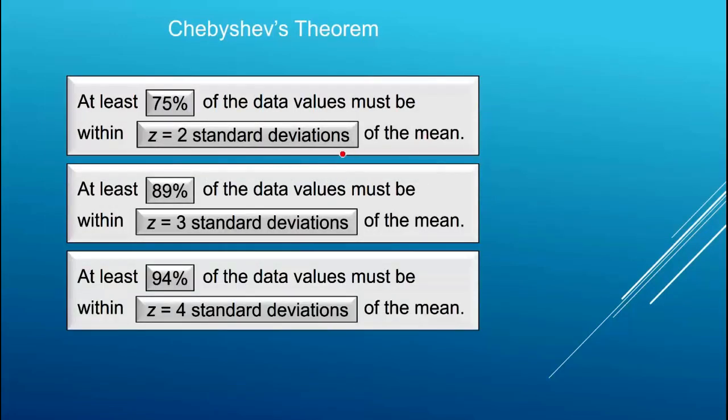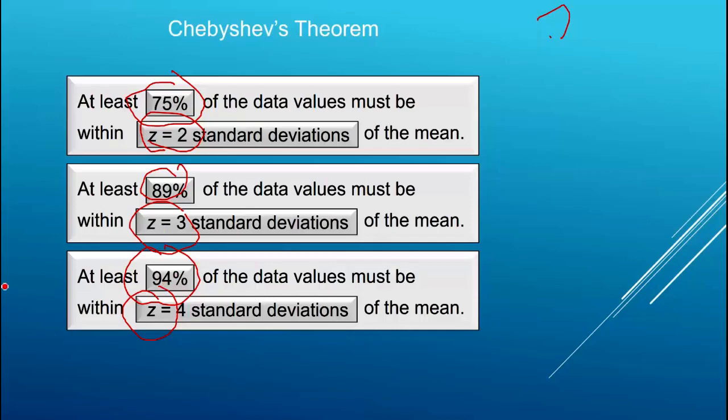Chebyshev's theorem. Here is an example. At least 75% of the data values must be within 2 standard deviations of the mean. At least 89% of data values must be within 3 standard deviations of the mean, and at least 94% of data values must be within 4 standard deviations of the mean.